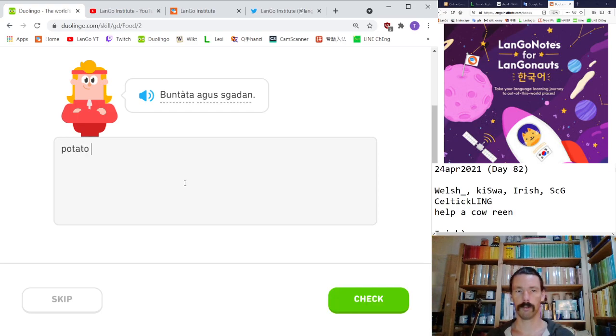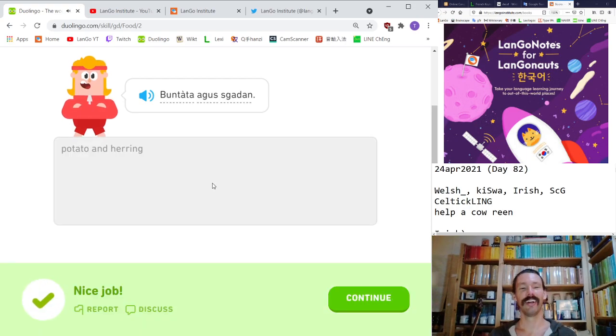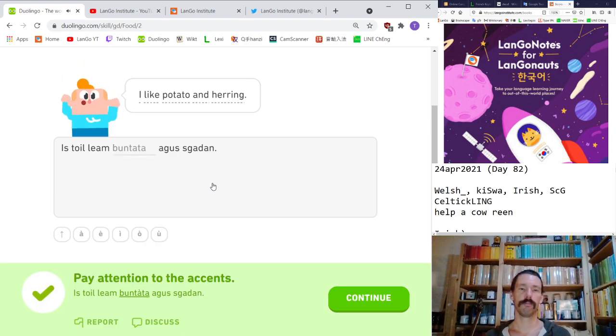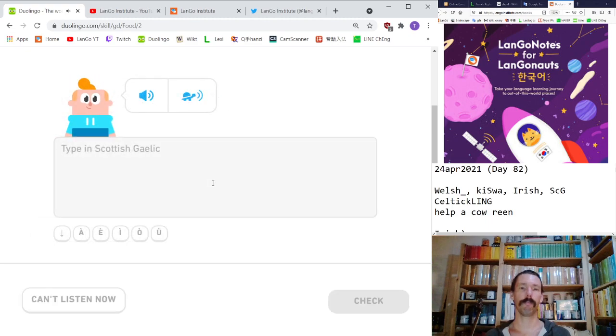Potato and herring. With a herring. I like potato. Is toil liom práta agus scadán. Seo práta.